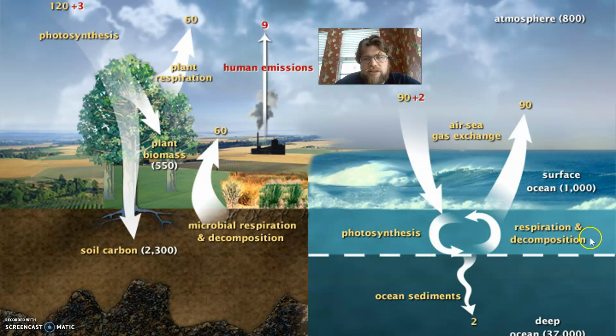Okay, we have photosynthesis and respiration again, showing carbon going from the ocean or the atmosphere into the biosphere and the other way. And then we have organisms that die in the ocean and then they fall into the sediment, from ocean reservoir to soil reservoir.